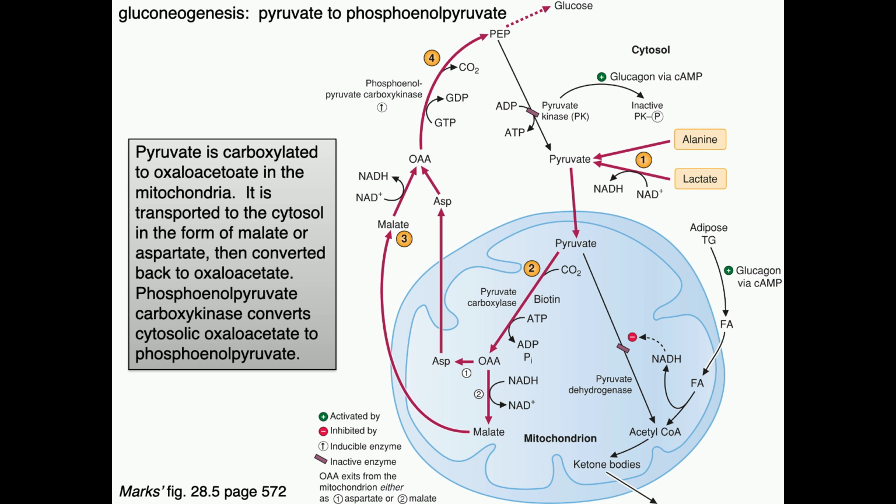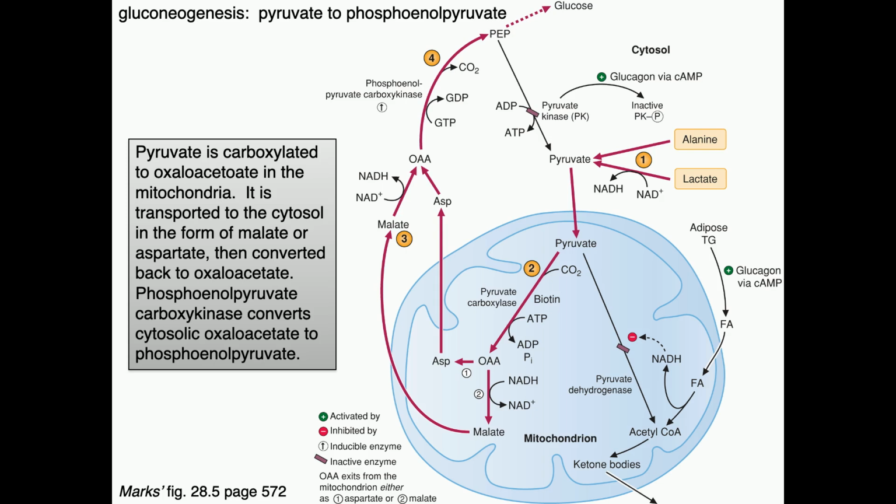If you block that way, it's going to flow through the path of least resistance, and in the gluconeogenesis situation, that enzyme is pyruvate carboxylase. That's the biotin-dependent enzyme that adds a carbon from carbon dioxide to pyruvate to make the 4-carbon oxaloacetate.